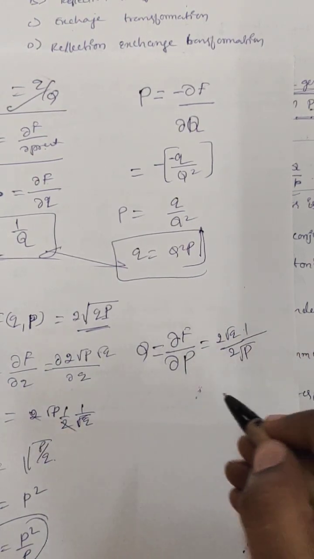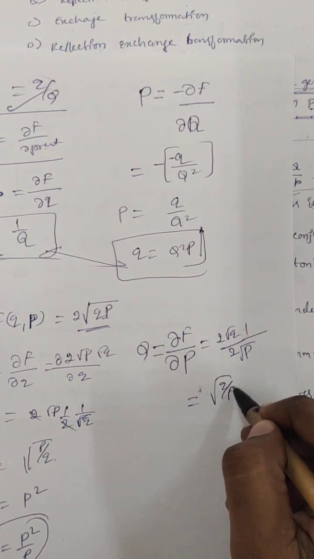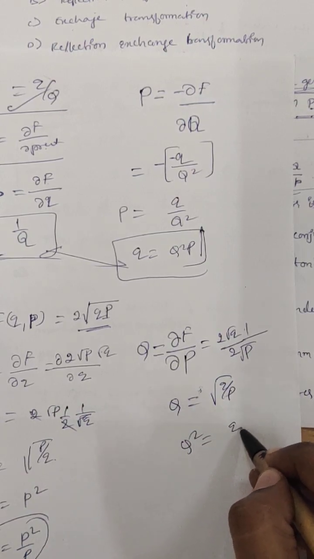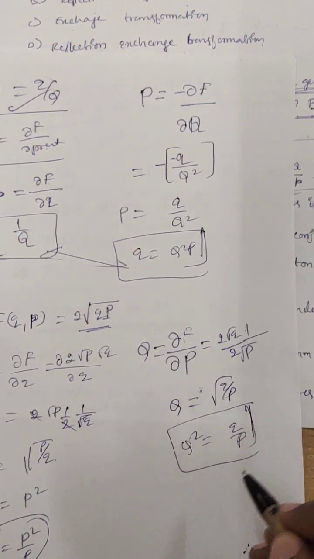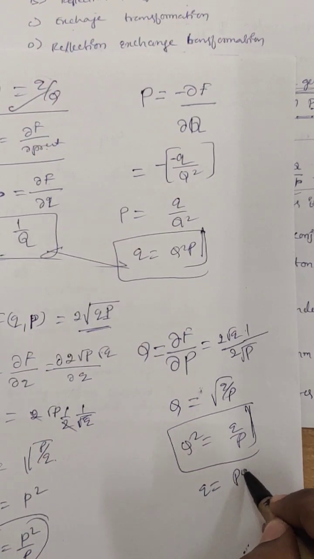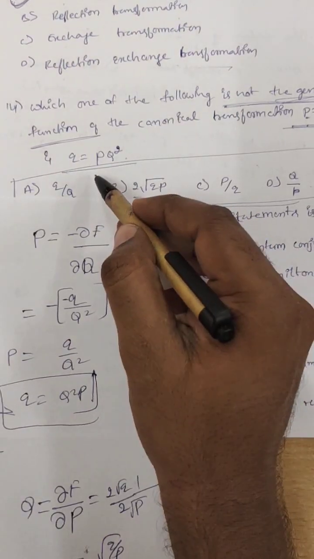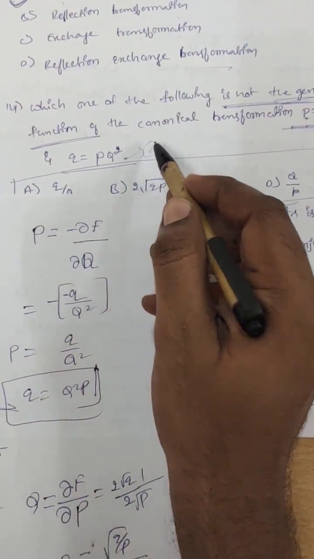So dou root p. Again root q by p is q, and therefore q square is nothing but q by p, right? And q is equal to p into q square. So we got q is equal to p q square. One of the functions is got.